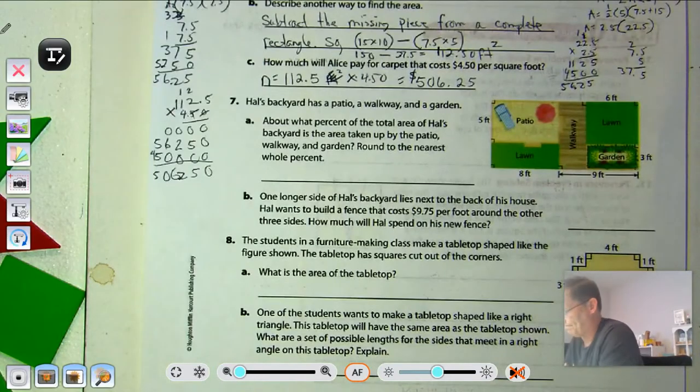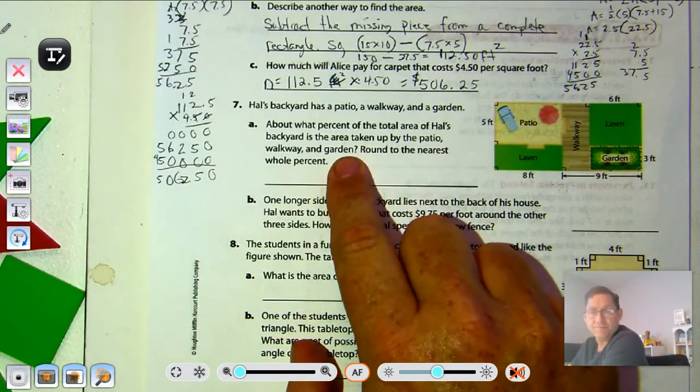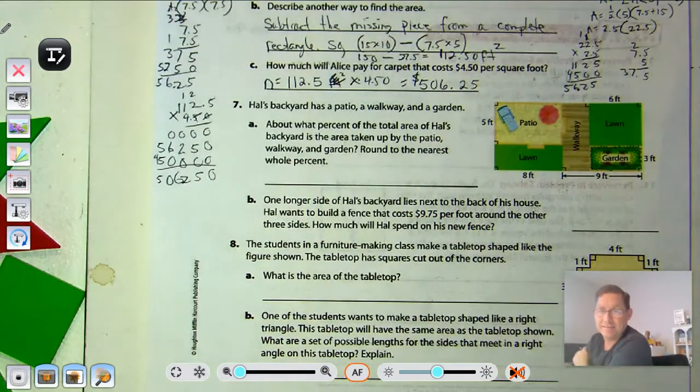All right, 7A. Hal's backyard has a patio, a walkway, and a garden. About what percent of the total area of Hal's backyard is the area taken up by the patio, walkway, and garden? And round to the nearest whole percent. So we have to figure out the area of the patio, the walkway, and the garden, and his entire backyard.